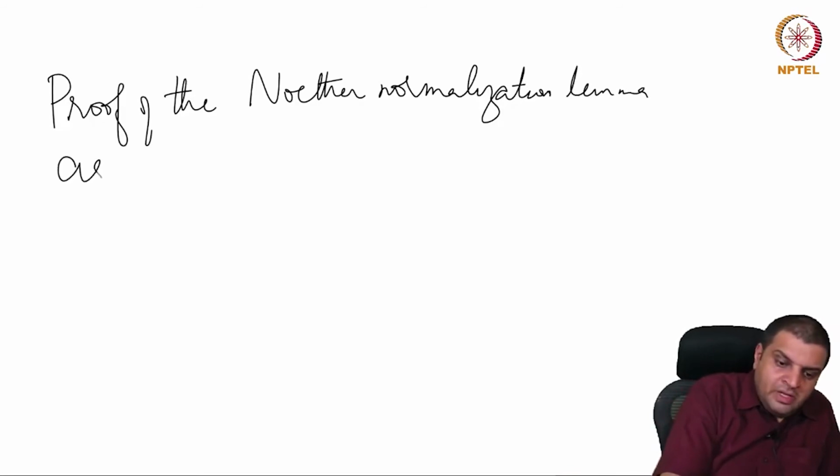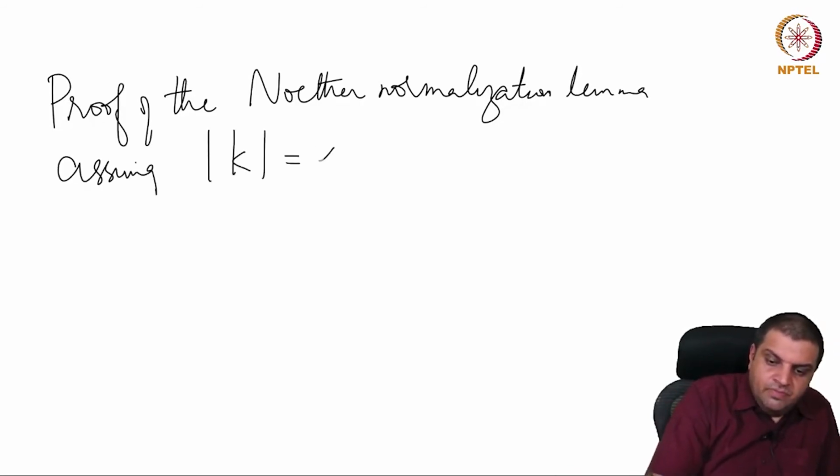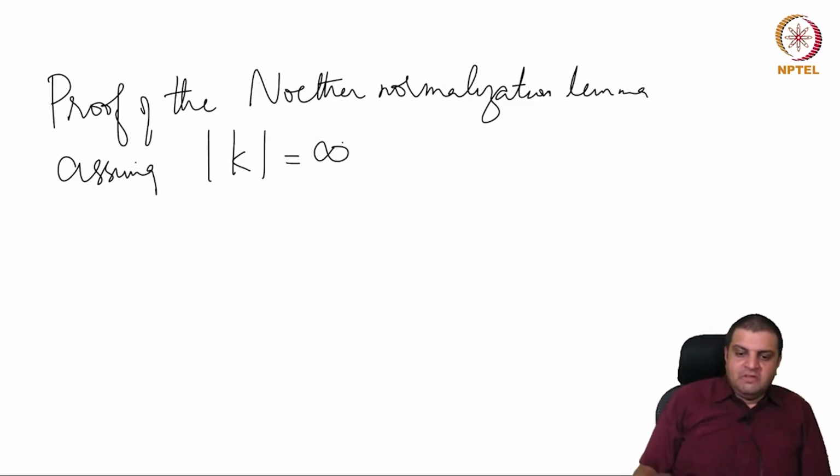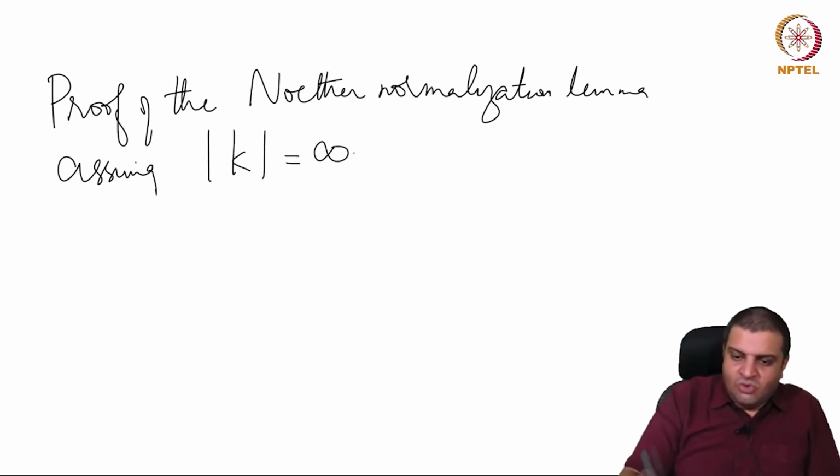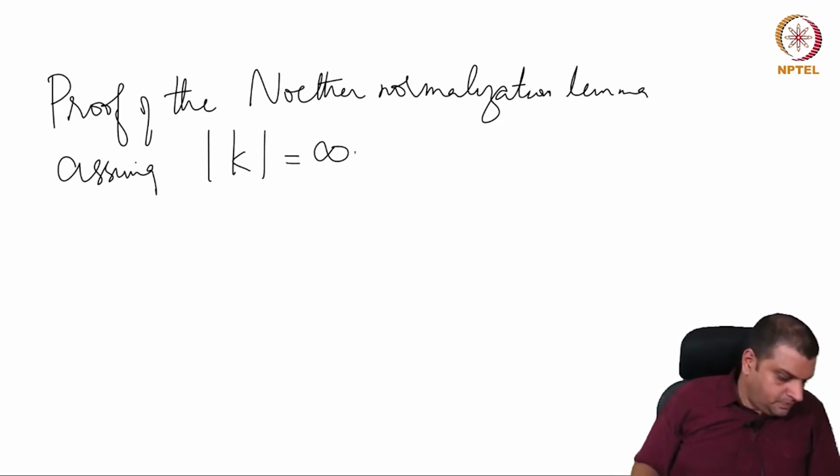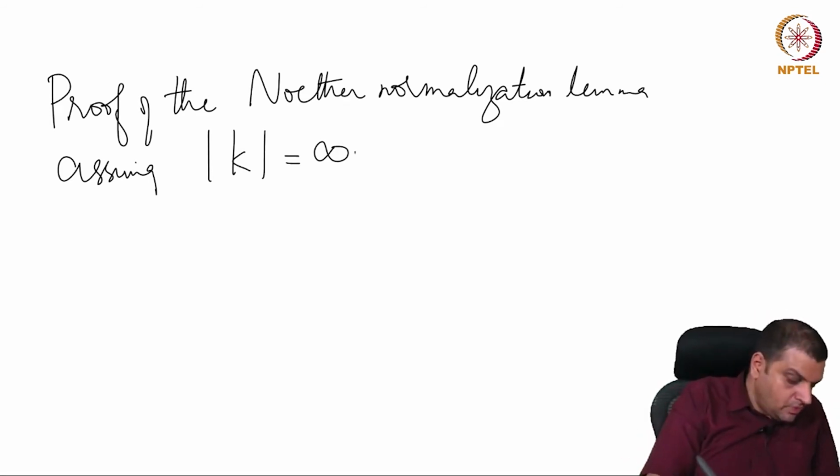Okay, assuming K is infinite. So for example, any field of characteristic 0 or any algebraically closed field, all of them is fine. Okay.